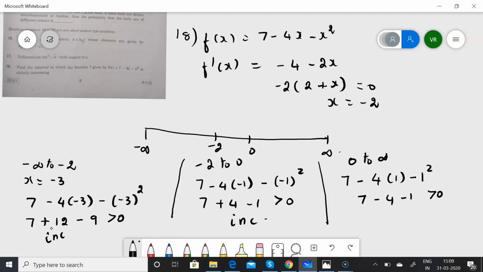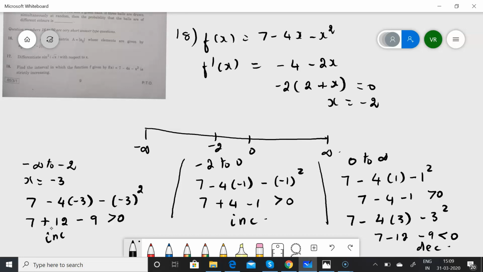But for values greater than 1, say x equal to 3, I get 7 minus 4 times 3 minus 3 squared. That is 7 minus 12 minus 9, which is less than 0. In this case, it is decreasing. So in the interval 0 to infinity, it is both increasing and decreasing.